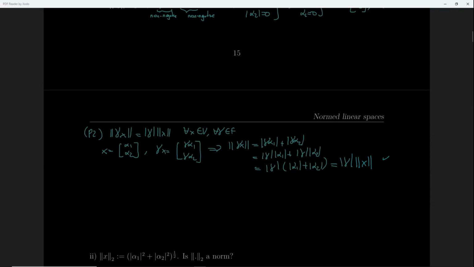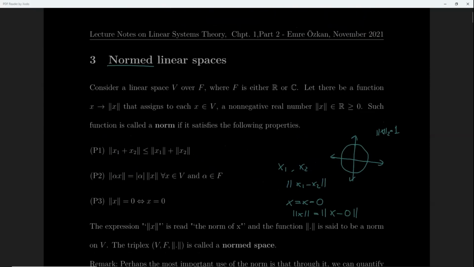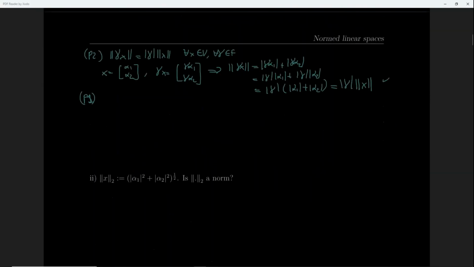And the next thing is the triangle inequality. Okay, so I will continue with P1. And what was P1? The triangle inequality states that the norm of x1 plus x2 should be less than or equal to the sum of the individual norms. So let's write down norm of x1 plus x2 should be less than or equal to norm of x1 plus norm of x2.